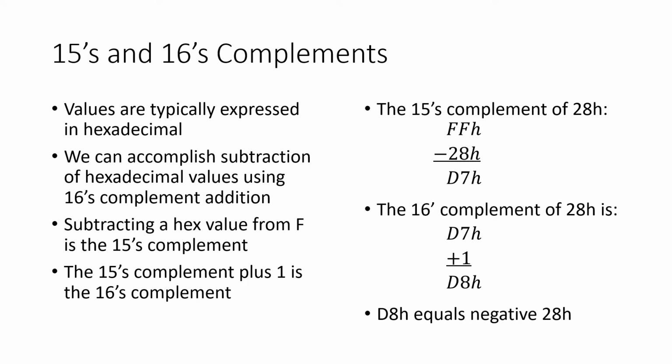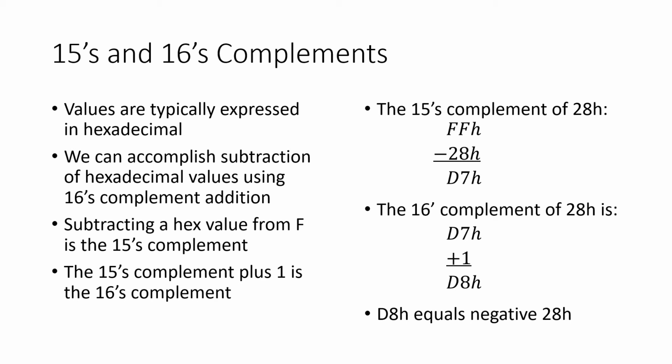Now, if I subtract a 4-bit hex value from F, we get the 15's complement. The same idea that when I subtract a bit from 1, I get the 1's complement. If I subtract a hex value from 4 ones, or F, I end up with the 15's complement.